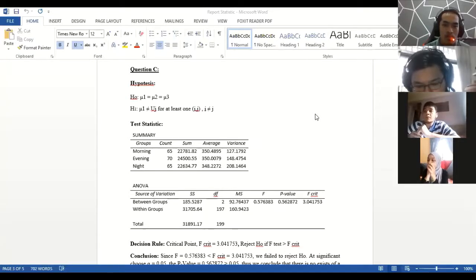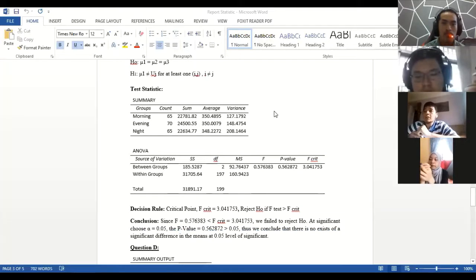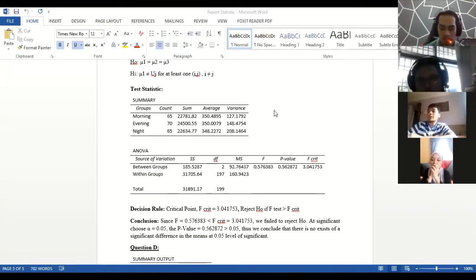Then we can find the variance. After we know the summary for each group, we will calculate the ANOVA by using the formula in the statistical book.